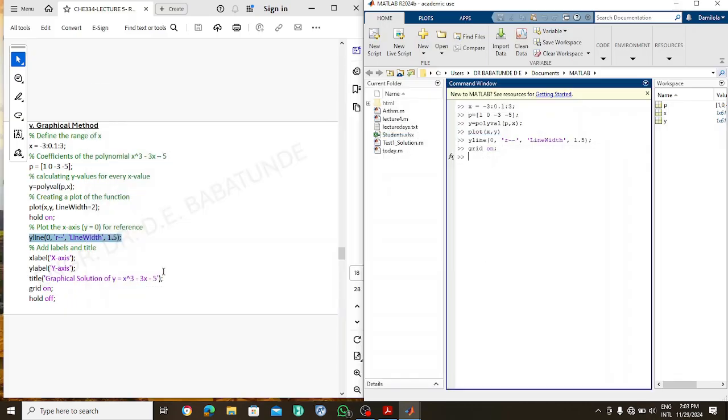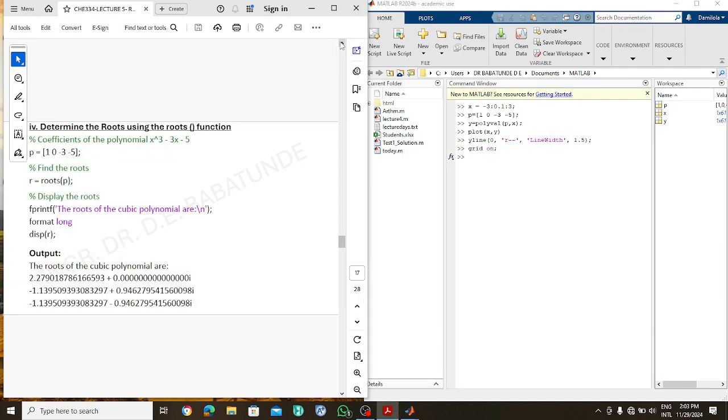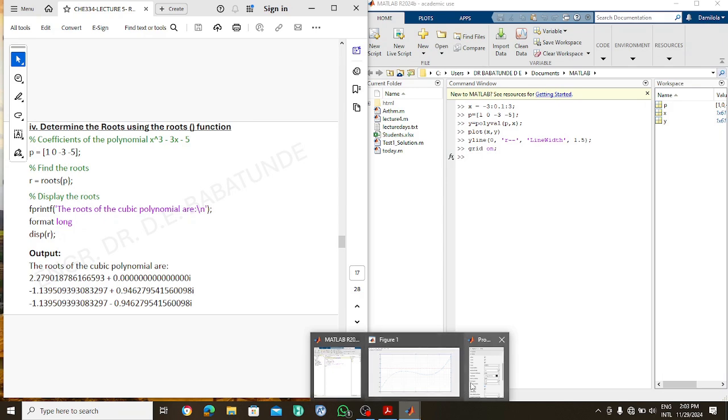The approach that we used before now, which is roots, already established that if you have only one real root, the other roots are complex numbers. So it's no wonder that when we plot graphically, only one of the roots is shown, which is very close to the values that we have been obtaining before now.